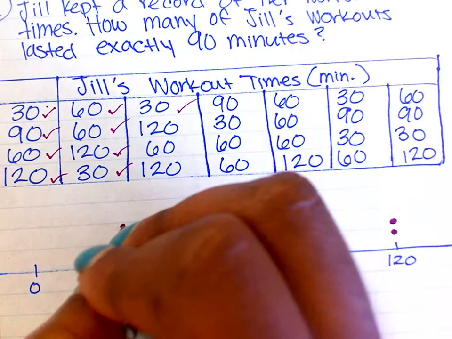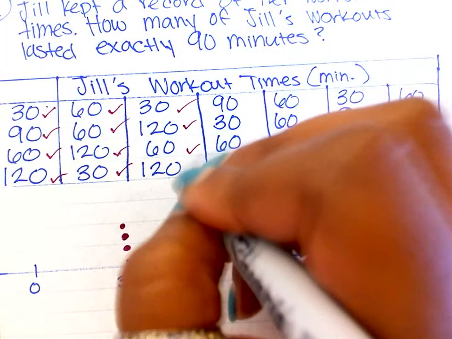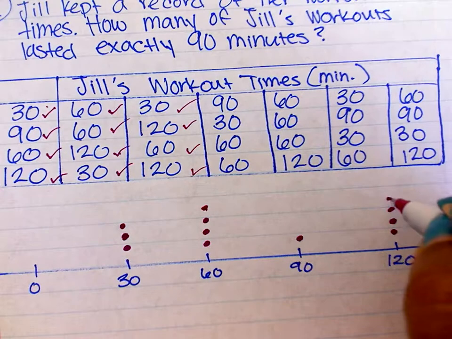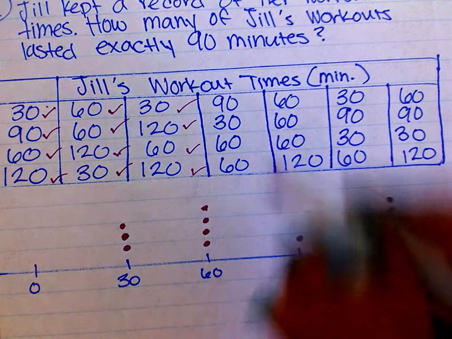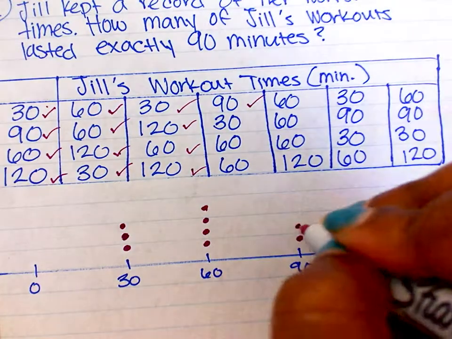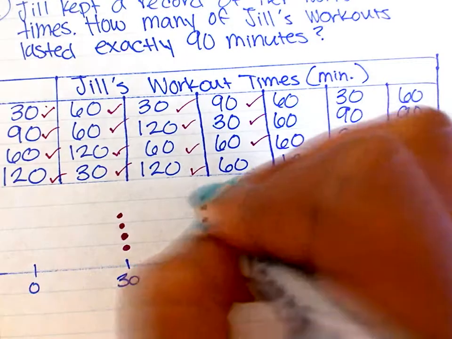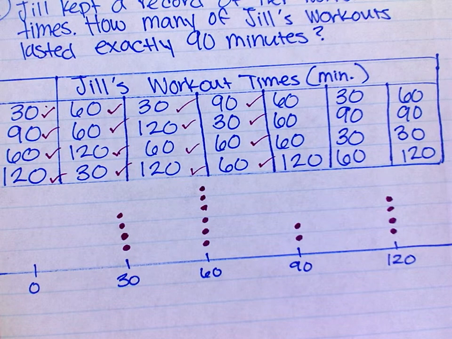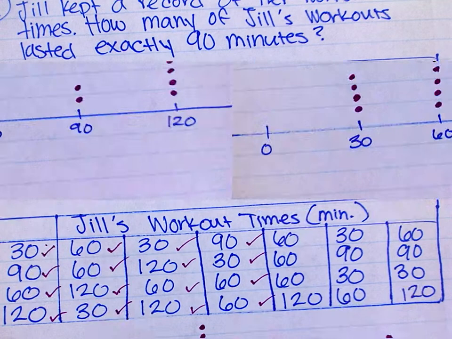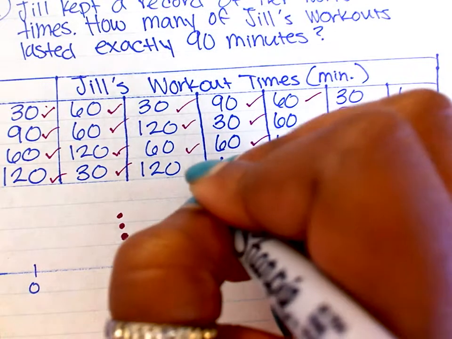30, 120, 60, and 120. Next column, 90, 30, 60, and 60. I think my 60 column is going to go through my graph. 60, 60, and 60. Yep, it is.